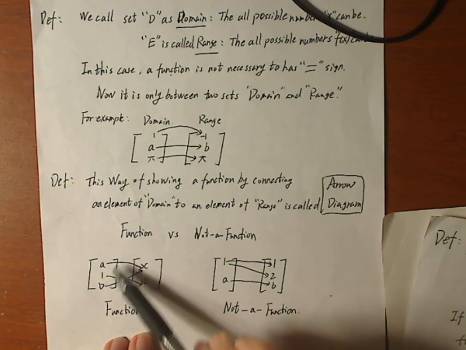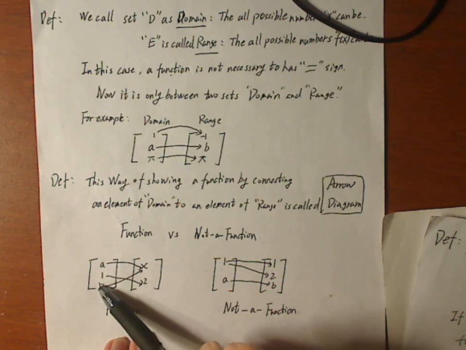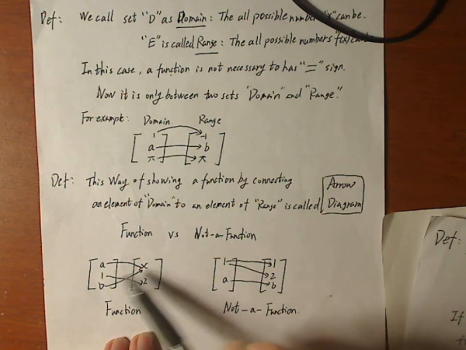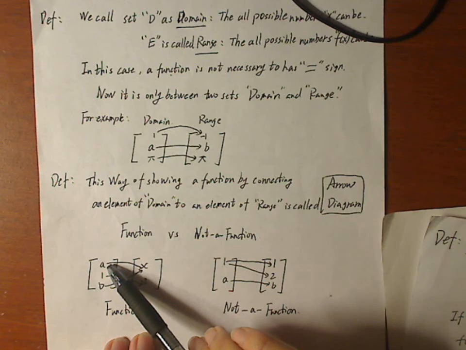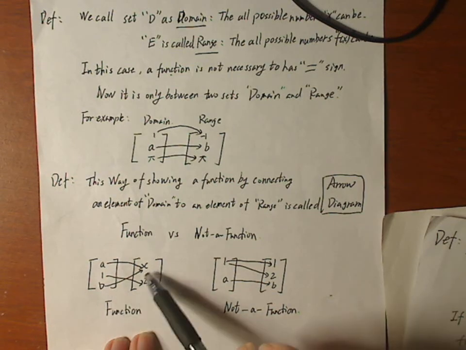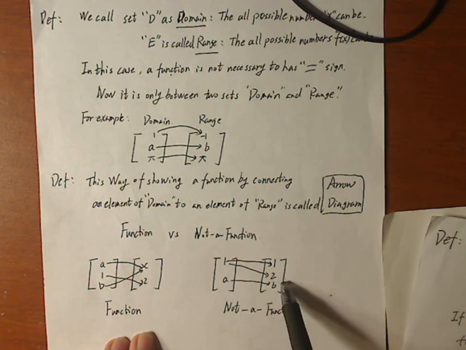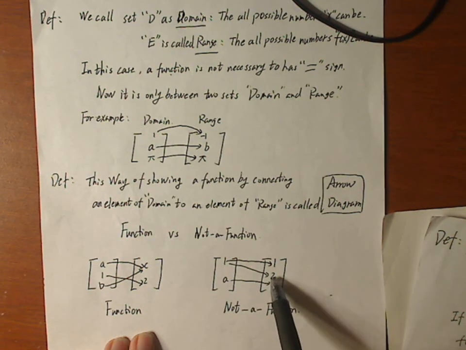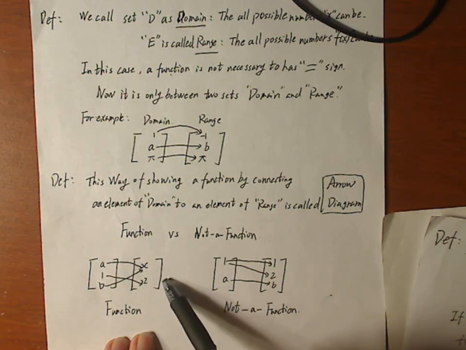If you compare those two, a and b are all going to c. However, when you put a in, you only get 1 c. When you put b in, you only get 1 c. It's not like 1 input giving 2 results. So if from a you draw 2 arrows out, that is not a function. For c, having 2 arrows go in is okay.